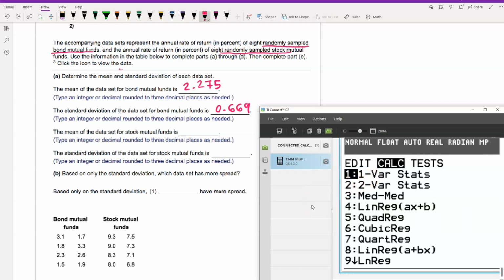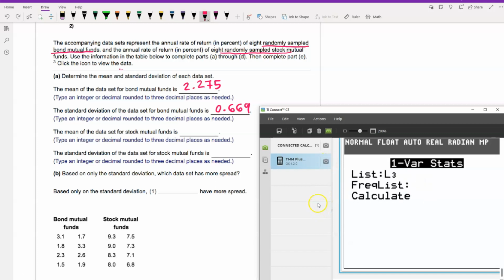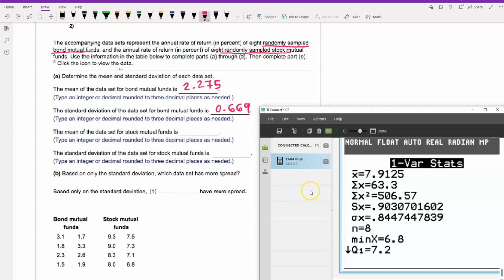Here for list, we should have L3, so it's second, 3 to enter L3. Enter, enter. Here's our answer for sample mean rounded to 3 decimal places at 7.913, and sample standard deviation is 0.903.